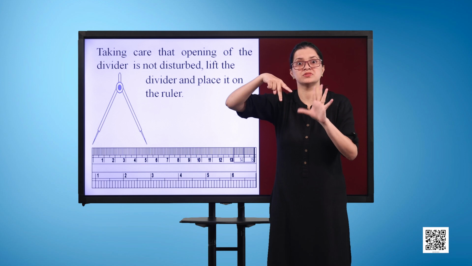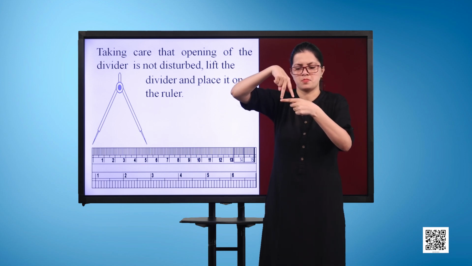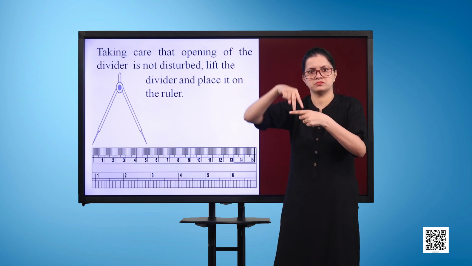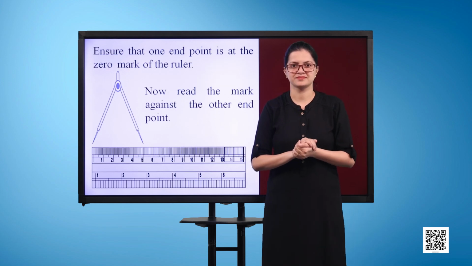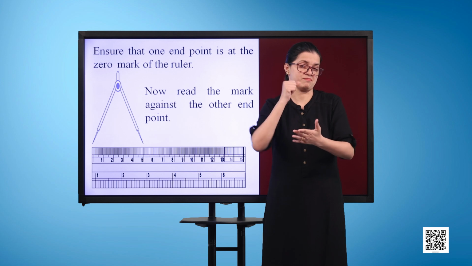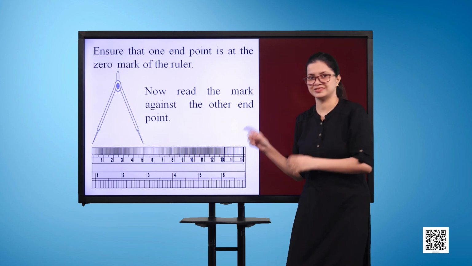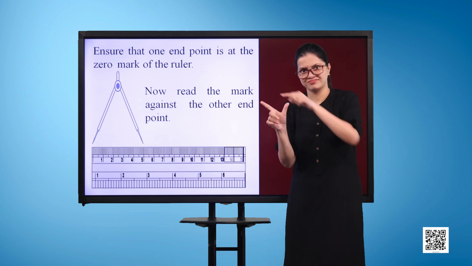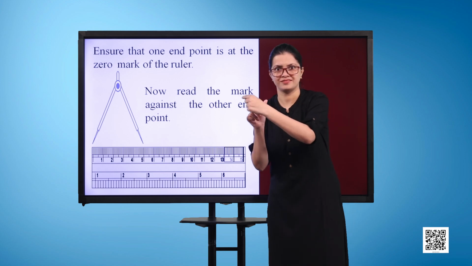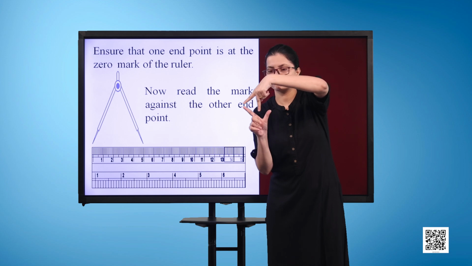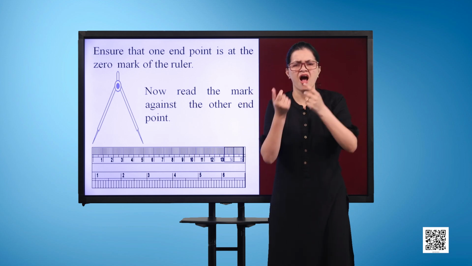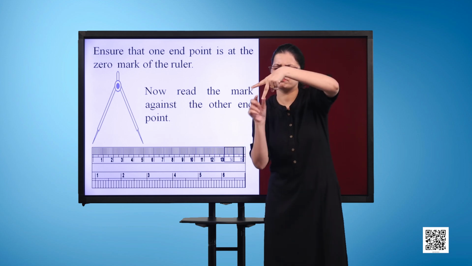Lift the divider and place it on the ruler. Ensure that one end point is at the 0 mark of the ruler. Now read the mark against the other end point.